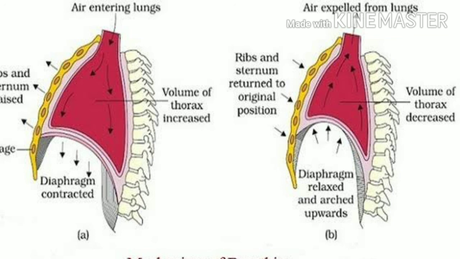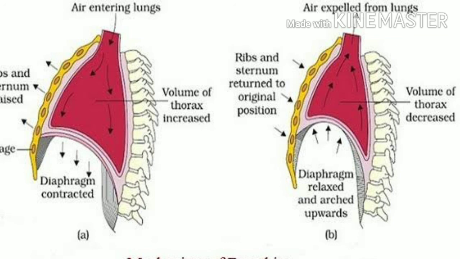Observe the second picture, that means the B picture, compared with the A picture, that is expiration. See that the chest cavity is decreased, the volume of the thoracic cavity is decreased due to the relaxation of the diaphragm. That means the diaphragm moves upwards.